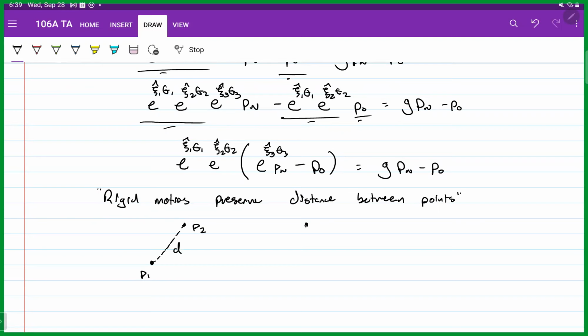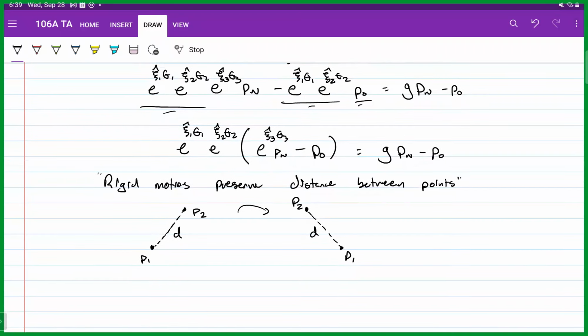And we undergo some sort of rigid rotation, maybe they rotate around such that P2 is over here, and now P1 has swung around and is down here, right? That distance D will still be the same, because these rigid motions are not stretching our body, they're not doing anything crazy to it, they're not bending it around. That distance will always remain the same, okay?